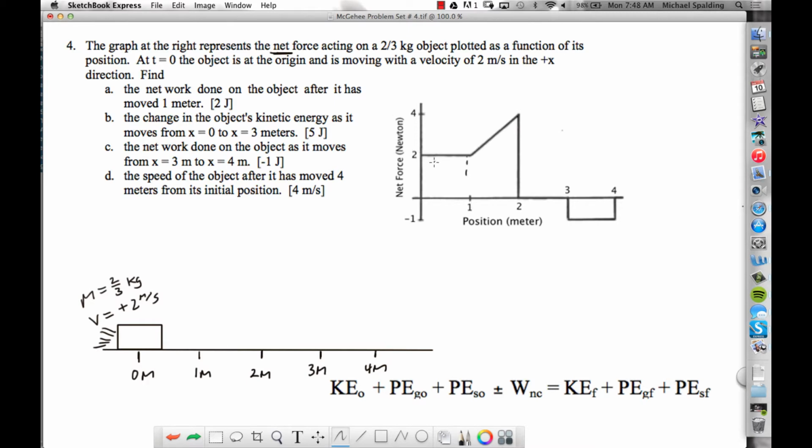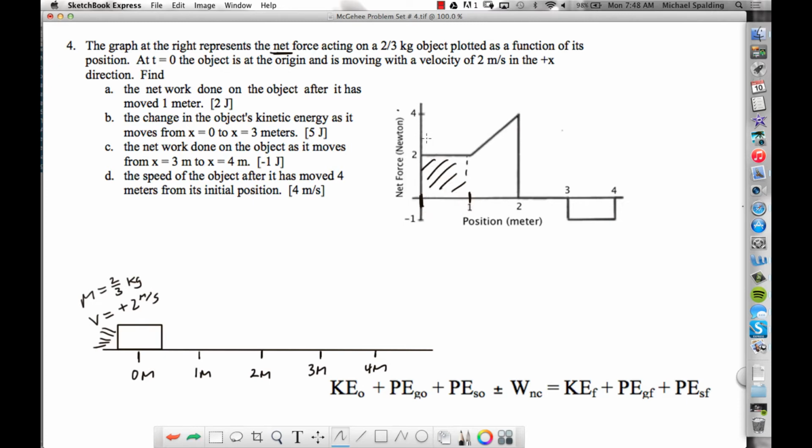Because look, when you're calculating the area here, how are you doing it? You're going base. So what's the base measured in? It's the change of position, right? From here to there, what was the change of position? 1 meter. Another name for change of position is displacement. So when you calculate the area here, you're basically going displacement multiplied by force.